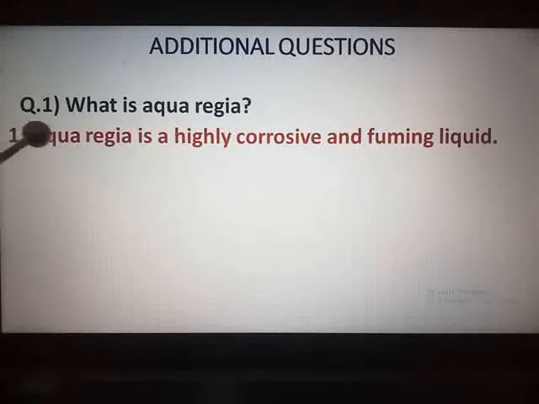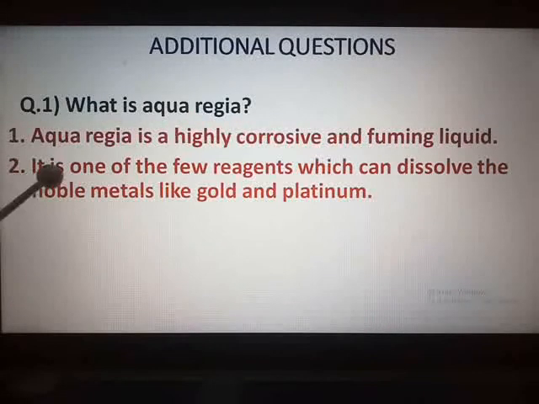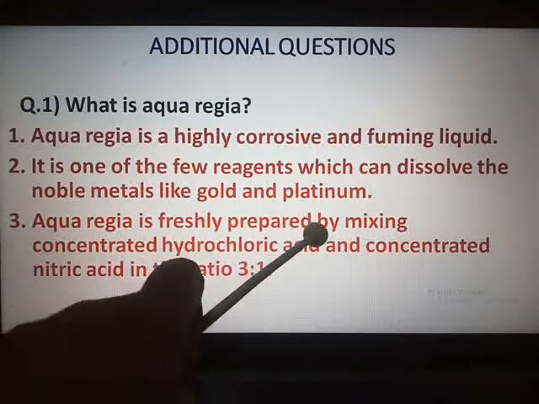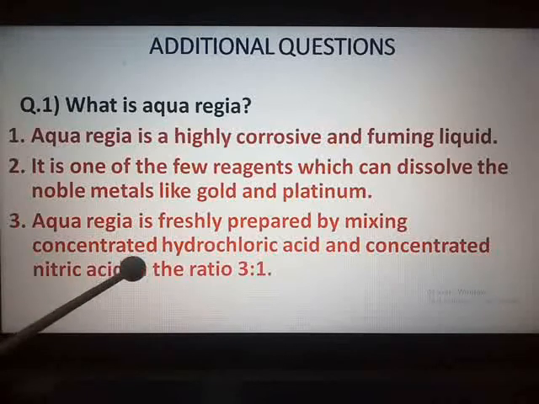First point, aqua regia is a highly corrosive and fuming liquid. It is one of the few reagents which can dissolve noble metals like gold and platinum. Aqua regia is freshly prepared by mixing concentrated hydrochloric acid and concentrated nitric acid in the ratio 3:1. Very important question, can be asked in the exam.